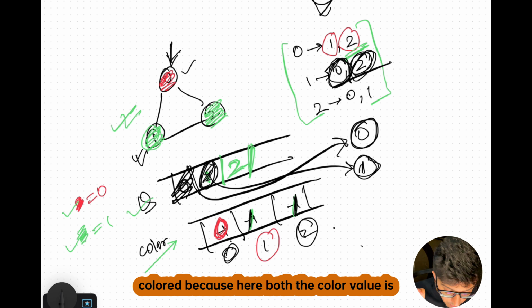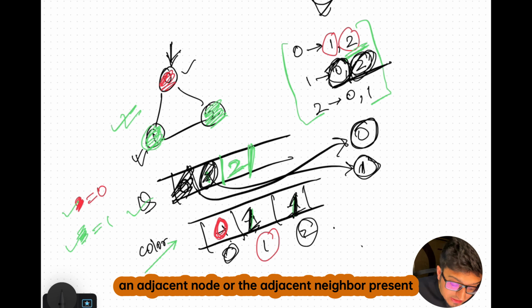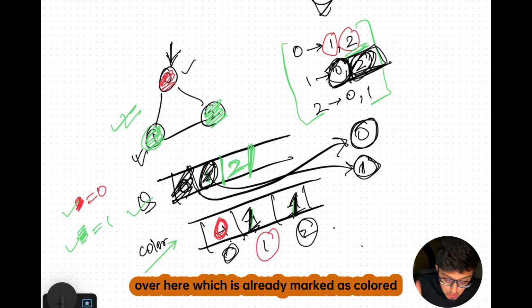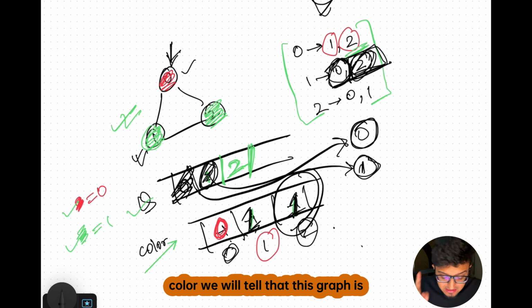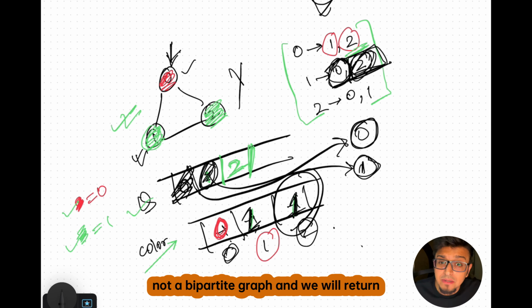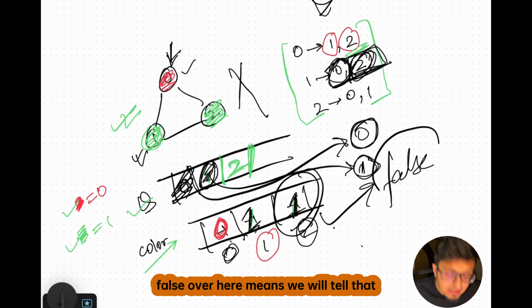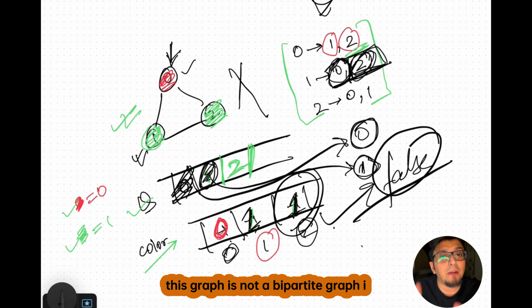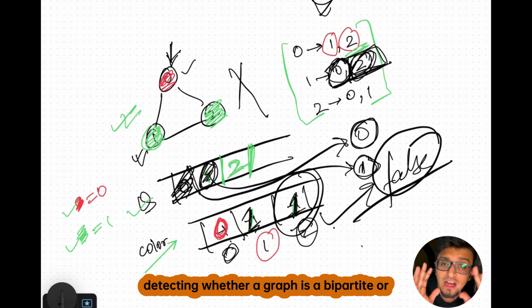Here both the color values are same, means both the colors are same, and thus we can tell that whenever there is an adjacent neighbor present which is already marked as colored and having the same value, means the same color, we will tell that this graph is not a bipartite graph and we will return false over here. I hope this is clear how we are detecting whether a graph is a bipartite or not.